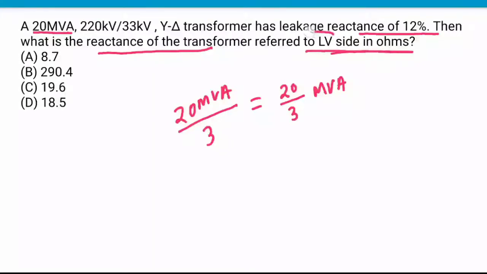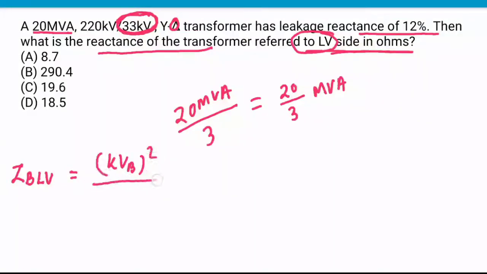So LV side voltage is 33 kV, and this is the line voltage and this is also the phase voltage because this one is delta. So Z base, impedance base of LV side will be kV base square by MVA.